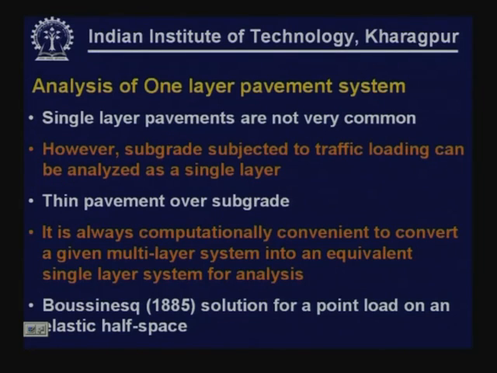Also, when you have a very thin layer of pavement placed over subgrade, if we ignore the strength contribution of the thin pavement, then both the layers together can be approximated to be a single layer, and that can be analyzed as a single layer.